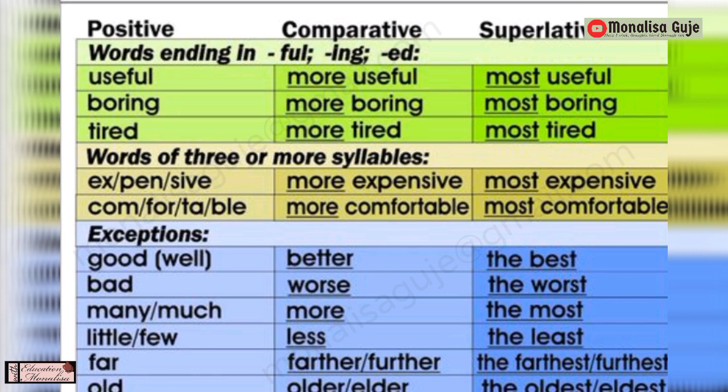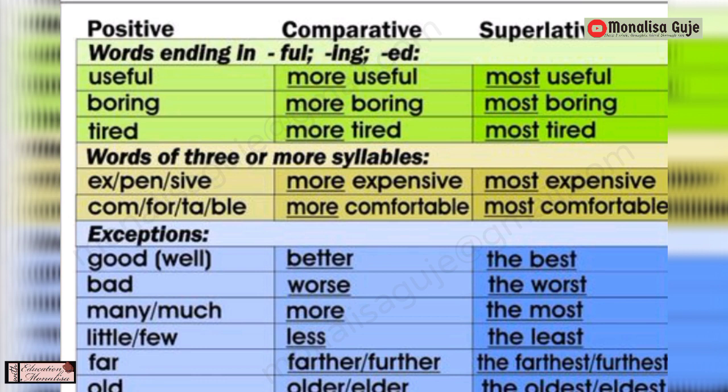There are some exceptional words like good. Good, better, best. We never say good, gooder, goodest. So, good, better, best. Bad, worse, worst. And we add the in front of it. So, you can just see these tables, read out the words aloud, and you come to know that this is what we speak usually when we talk to each other.